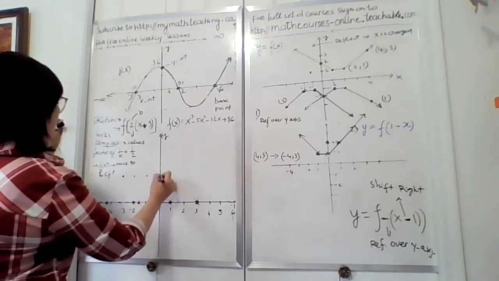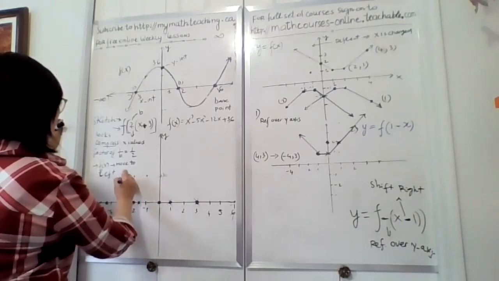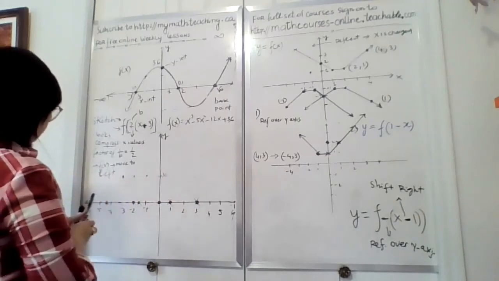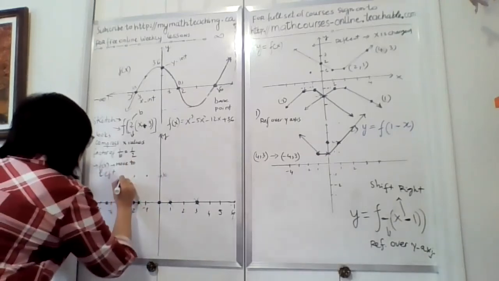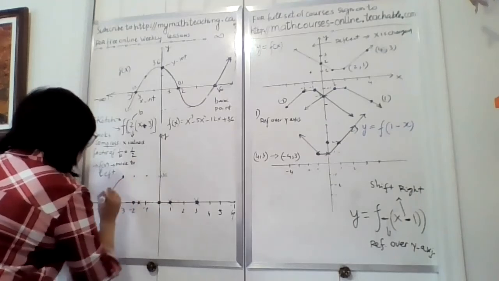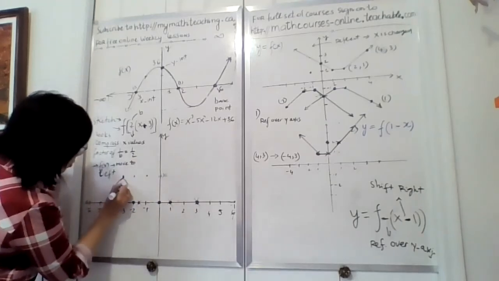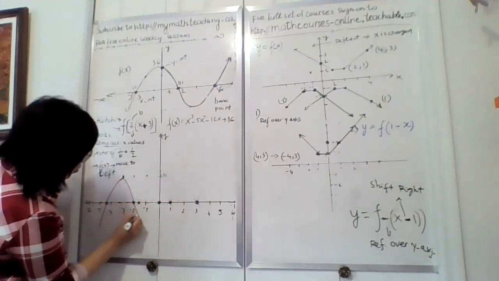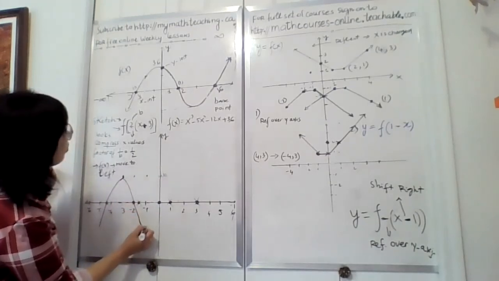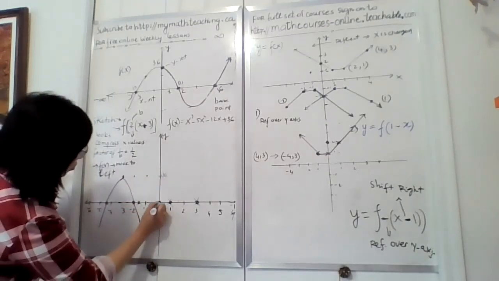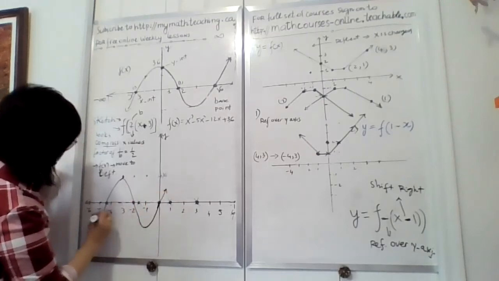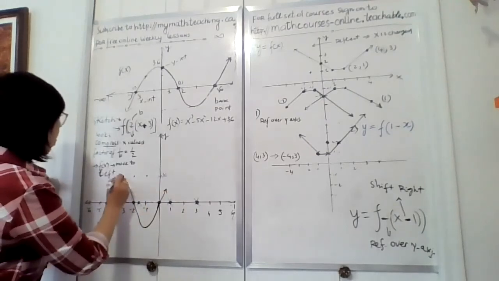So our point is here. So the wrap will look like the root of the function. So this is how the wrap will look.